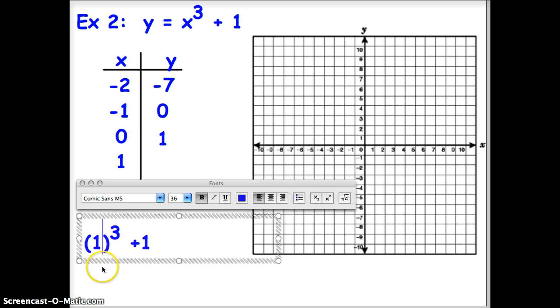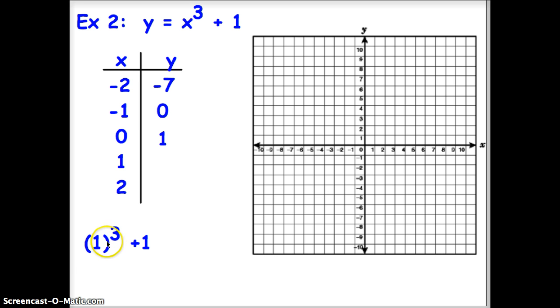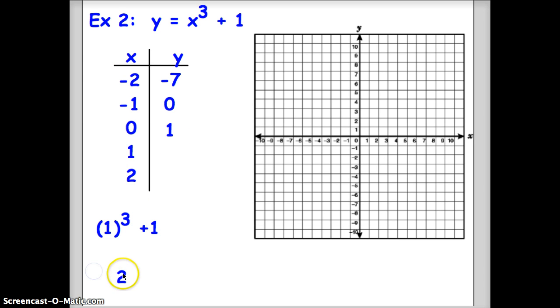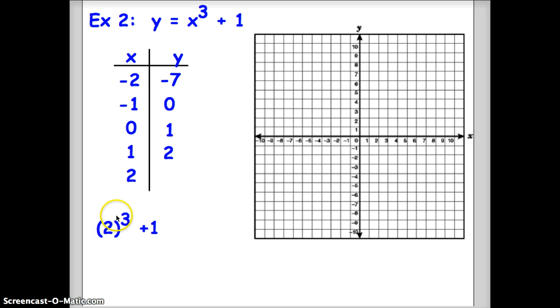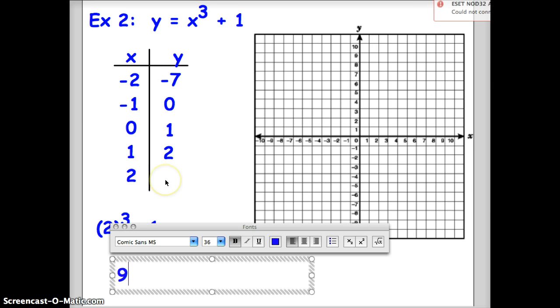If I put in a positive 1, 1 times itself 3 times is still 1. 1 plus 1 is 2. And if I put in a 2, 2 times 2 is 4. 4 times 2 is 8. 8 plus 1 is 9.